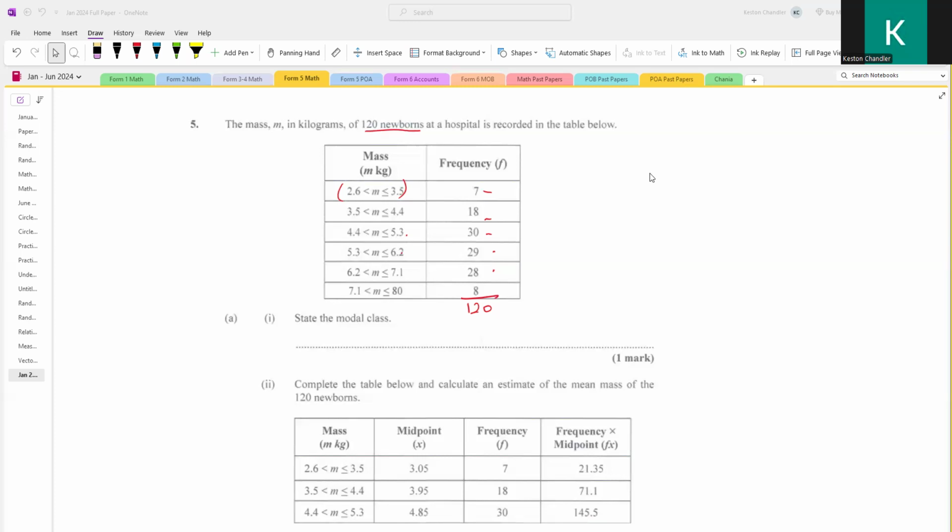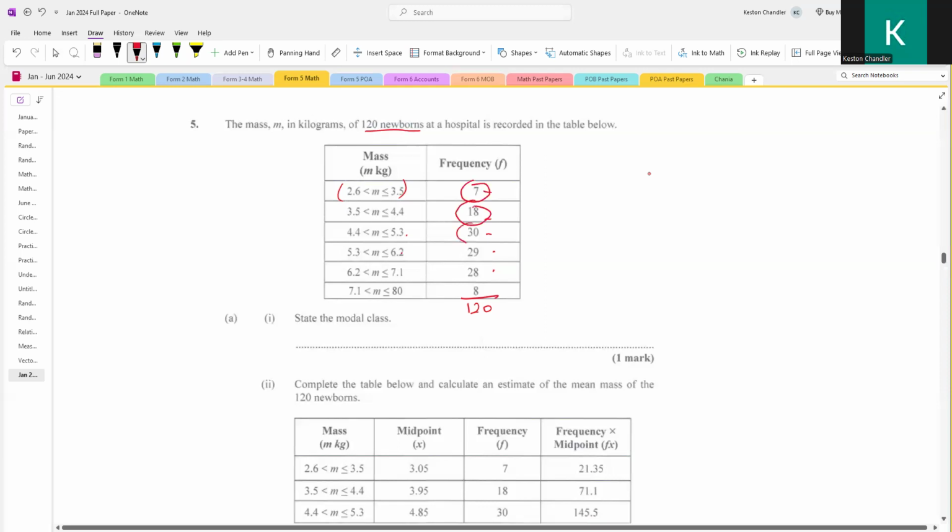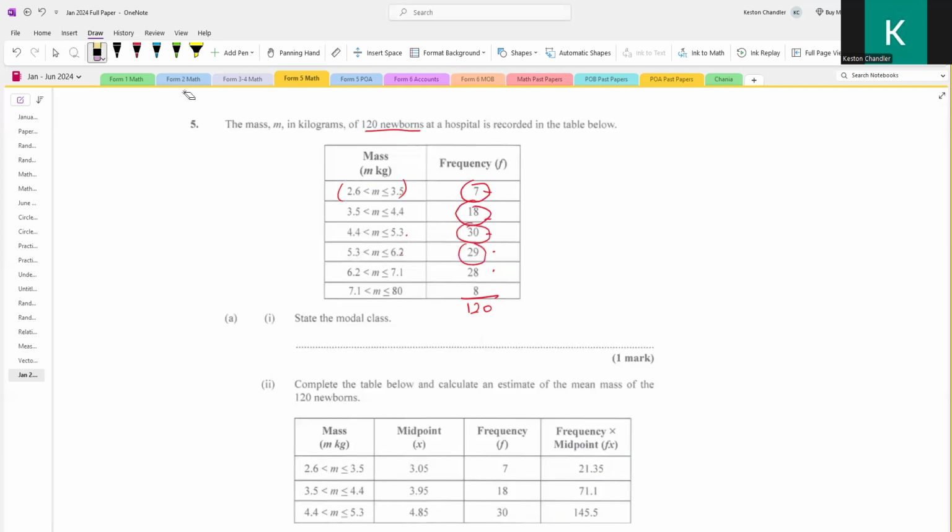Now, all of the babies that we have weights for fall into those different categories, and this table tells us the number of babies inside each category. For example, for babies with weights of 4.4 to 5.3, the number of babies is 30. There are 30 babies inside that class. Ironically, I chose that class because this question asks us to state the modal class. When we talk about the mean, we're talking about the average.